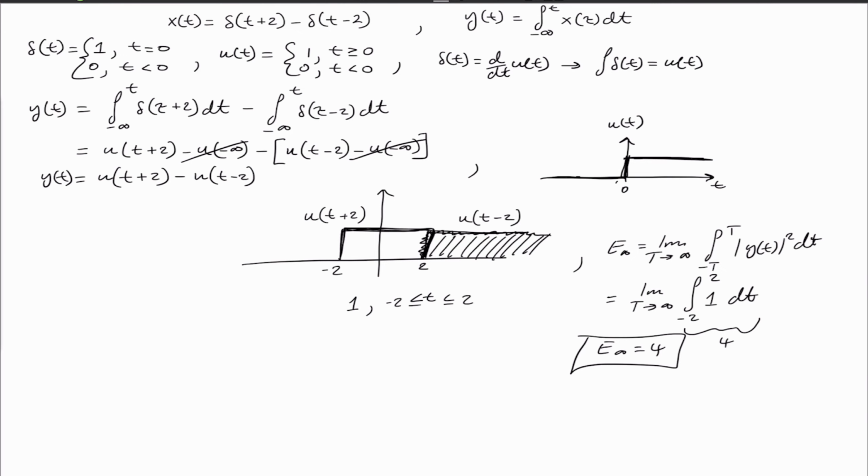They did not ask us to calculate the average power, but we know from the previous videos that the average power, in this case for a signal with the energy less than infinity, will equal 0.